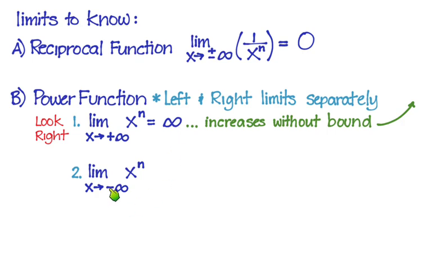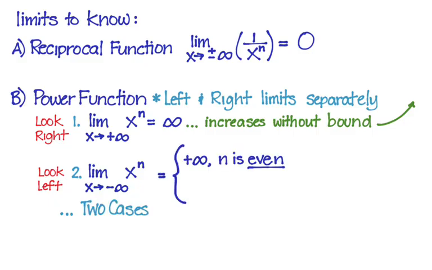When we look to the far, far left of that same function, we have 2 separate cases. The first case is this limit will equal positive infinity, so long as the exponent is even, which means when we have x to an even degree on the far left, when we look this way, it's always going to be going up.